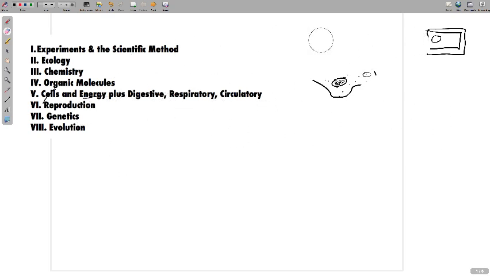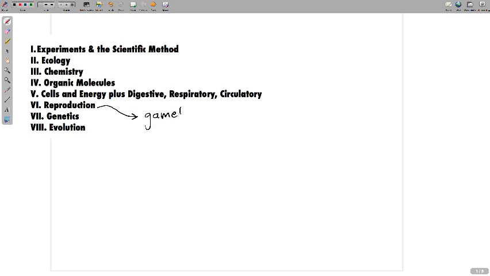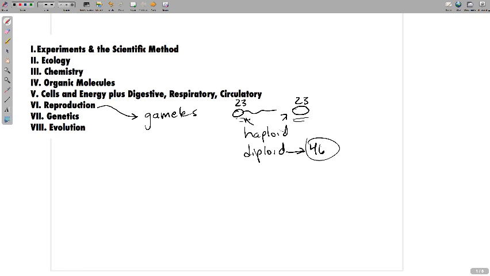What else? Okay, reproduction. So know the word gametes. Sperm and egg are gametes. Know the words haploid and diploid. So these cells are haploid cells because they only have half the chromosome number in a full set, which is your diploid number.